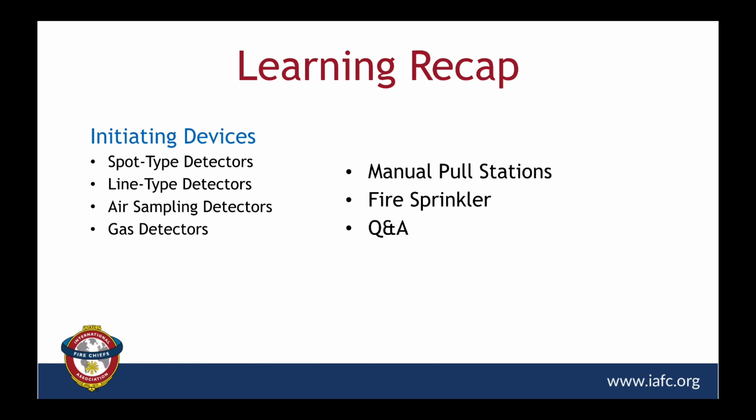It will shut down the air handling system, and that is to prevent the spread of particles of combustion, smoke, and gas throughout the building. And the National Fire Alarm and Signaling Code requires that the signal be a supervisory signal, but it also permits the activated duct detector to generate an alarm signal where permitted by the AHJ.